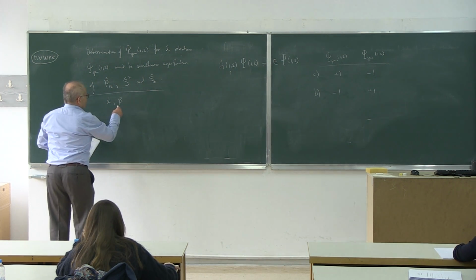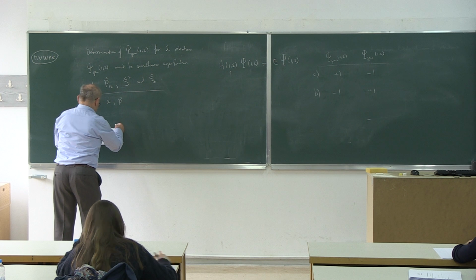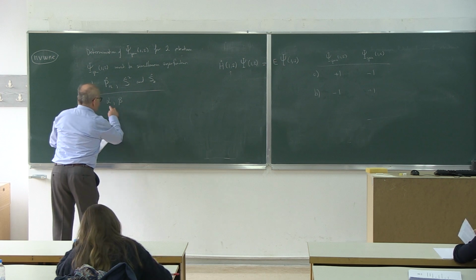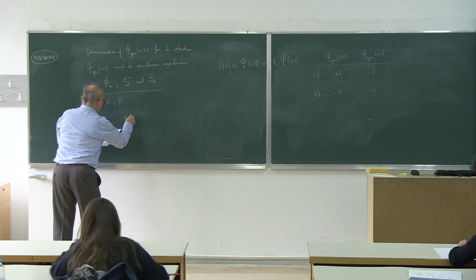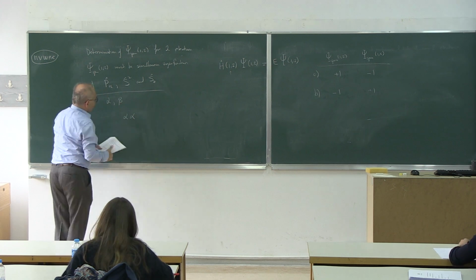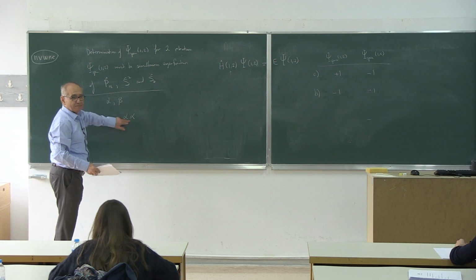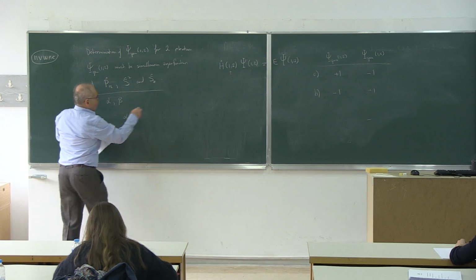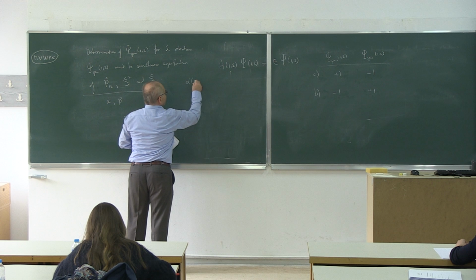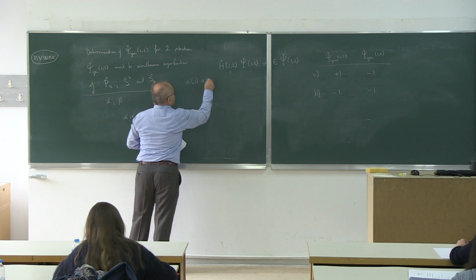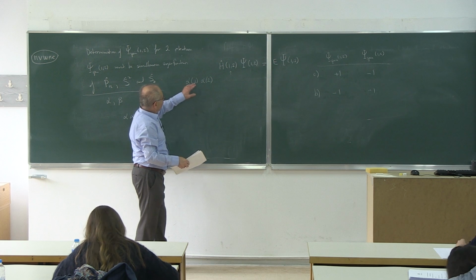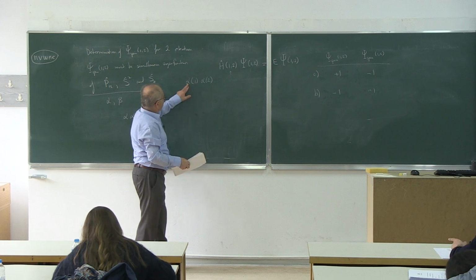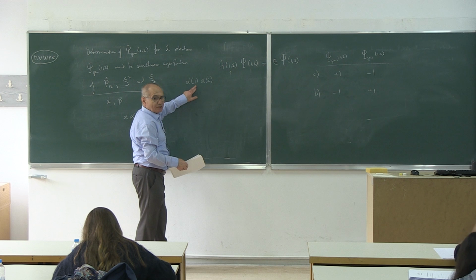Taking for the first electron an alpha spin, and for the second electron also alpha spin, which I write like this, alpha times alpha. Here, I should write more explicitly: this is the alpha function for the first electron, and this is the alpha function for the second electron.